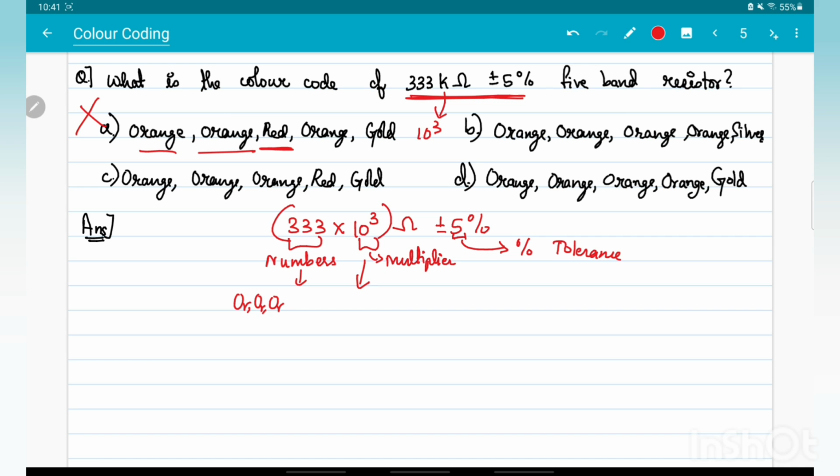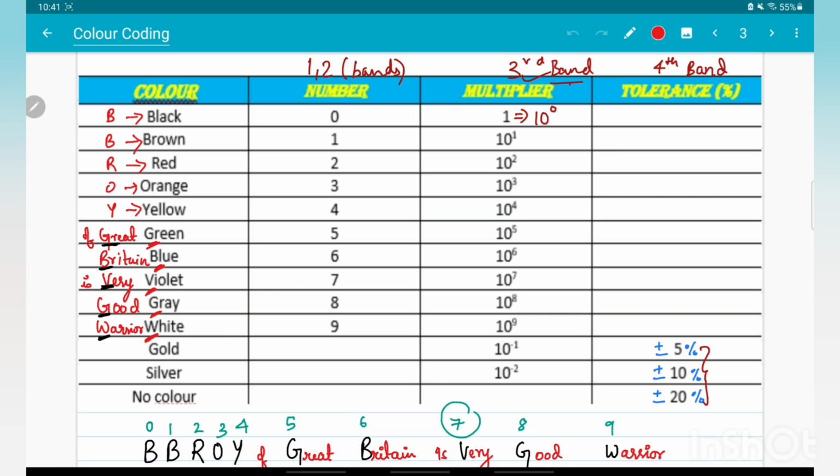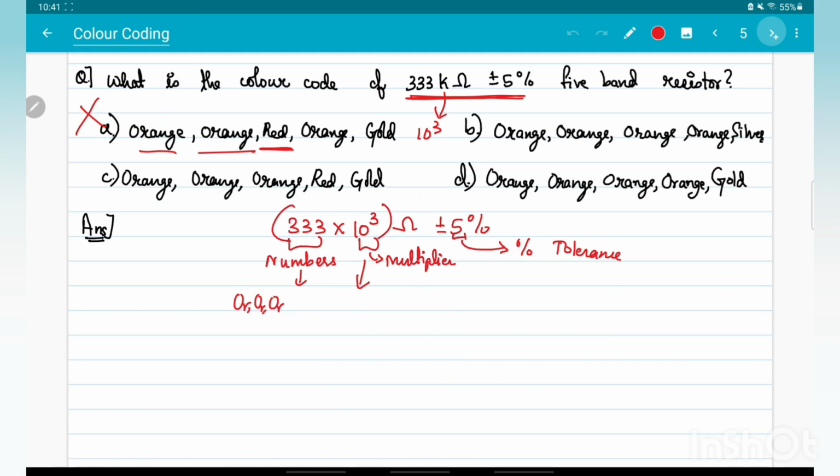Then you have got the value of multiplier as 10 to the power 3. Now if you check from that table, the value with this 10 to the power 3 multiplier was again orange. Okay, so from the value of multiplier we can say that that particular band has orange color, because the value of multiplier is 10 to the power 3. Then in the last we have got the percentage tolerance.